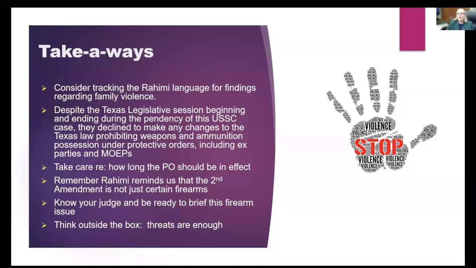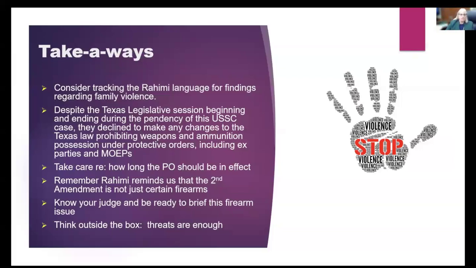One of the arguments was the application for the protective order did not state a length of time that the protective order should be in effect. But clearly our legislature here in Texas allows, under certain conditions, for a protective order to be granted for more than 2 years, which is sort of the presumed length of time for a protective order.